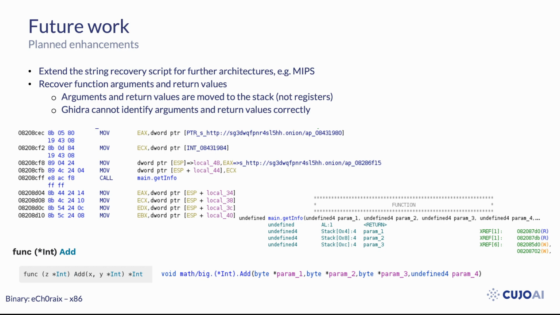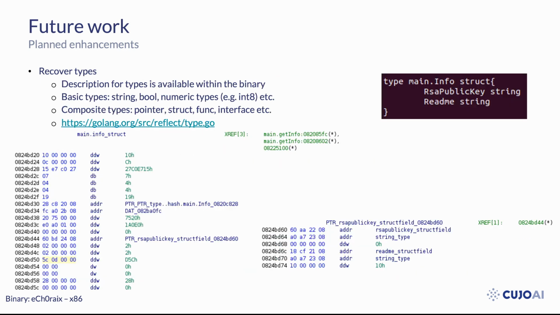But as part of our other planned enhancements, we are aiming to create a script which can recover types, because descriptions for the different Go types are available within the binary, even in the stripped binary. There are basic types that you all know, string, bool, numeric types, and also composite types. But what is very interesting is that you can find the developer defined types within the Go binaries.